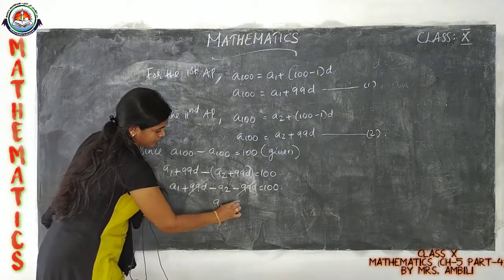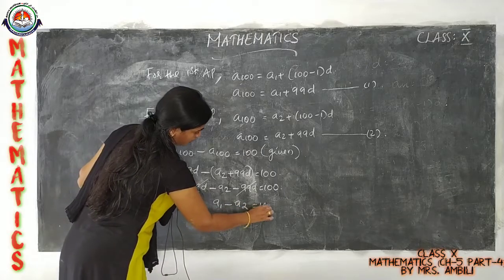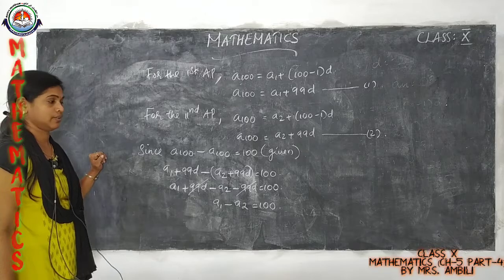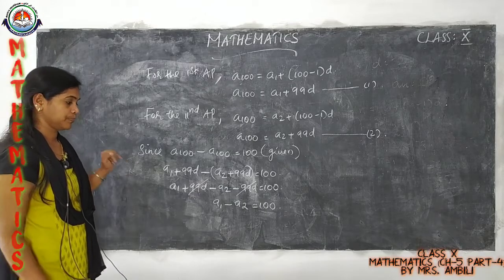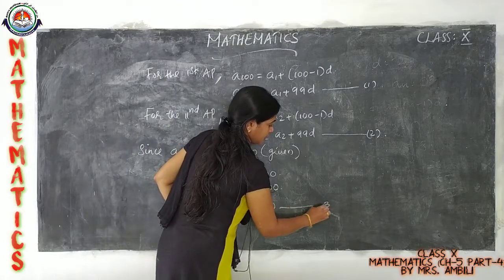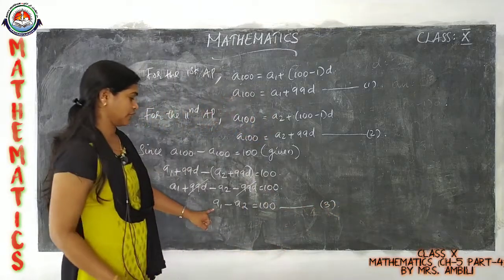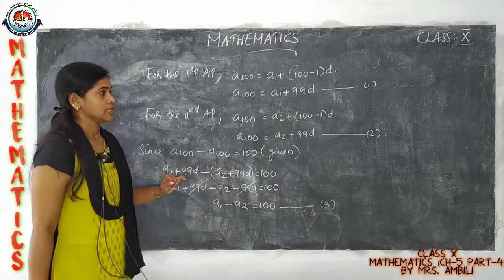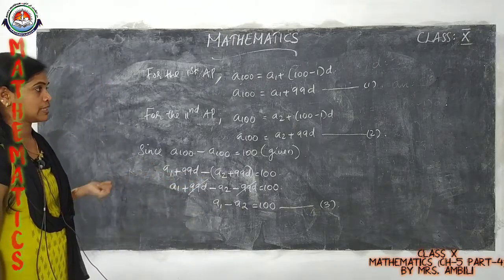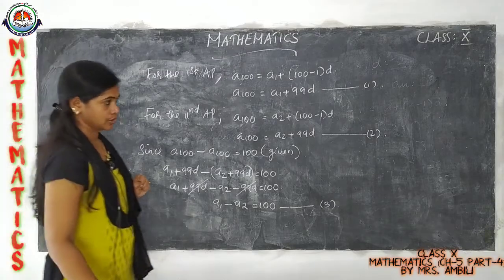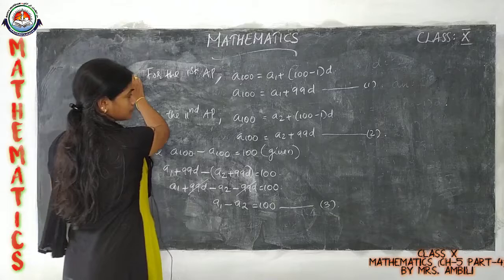A1 minus A2 equal to 100. A1 minus A2 equal to 100. Okay, we can call this equation 3. Now we got A1 minus A2 equal to 100. So now what we need to find out is the difference between their 1000th terms.